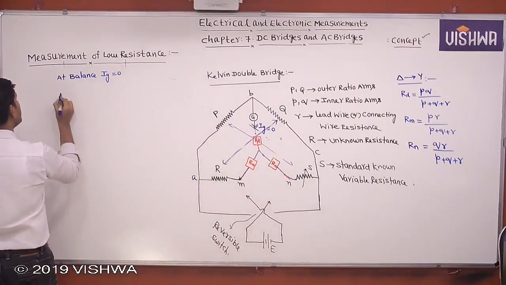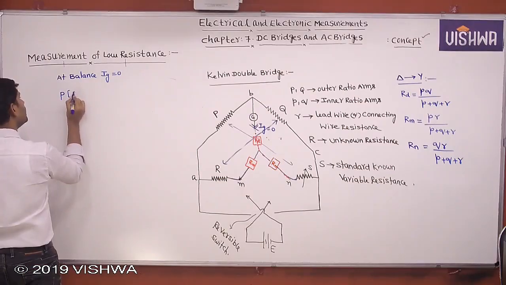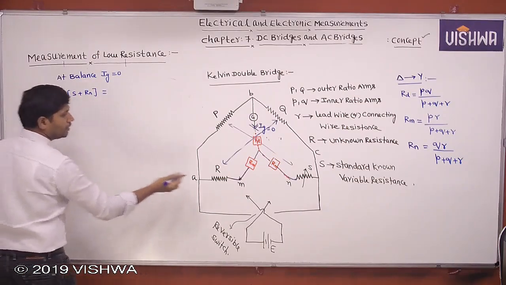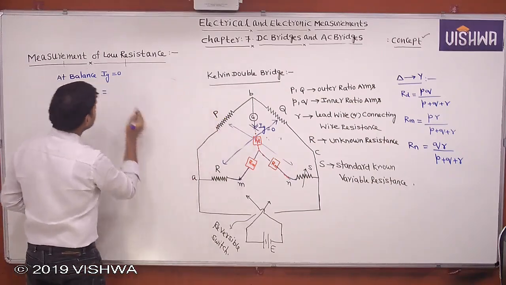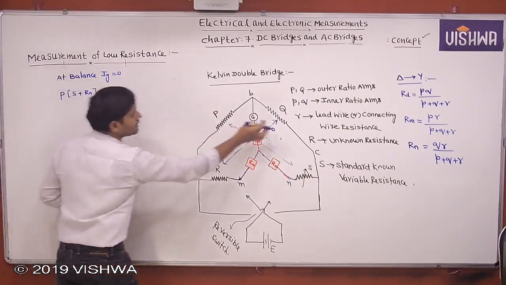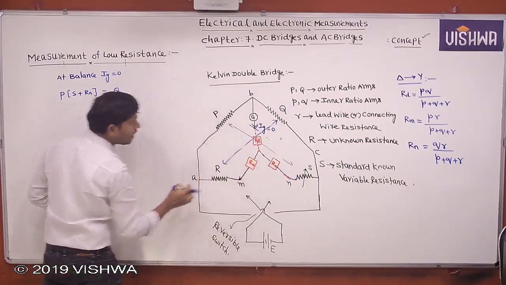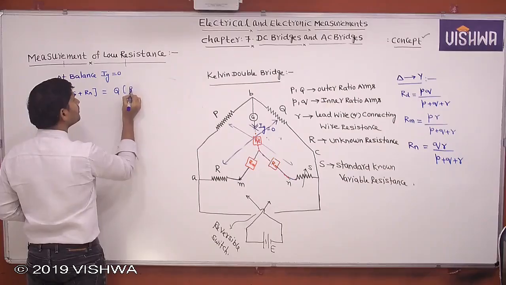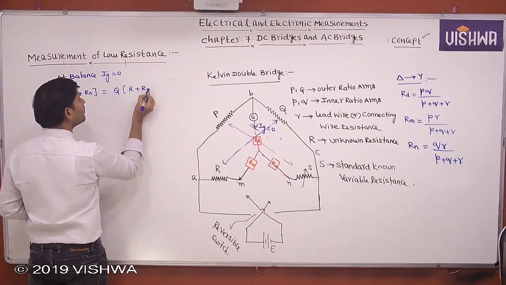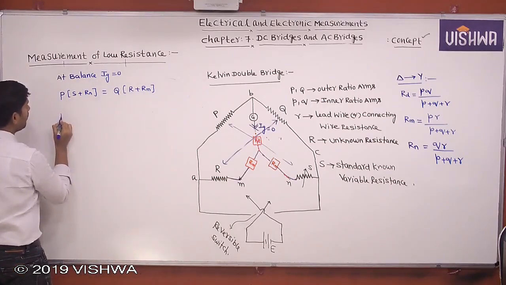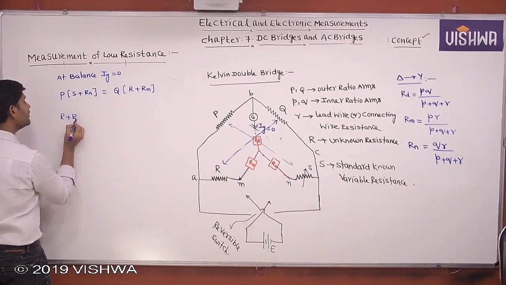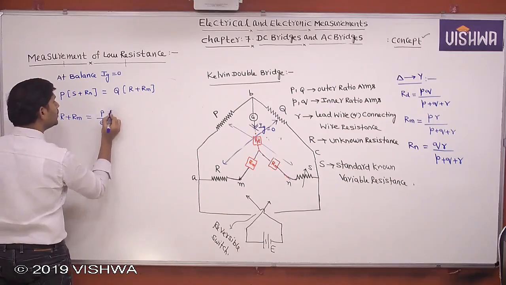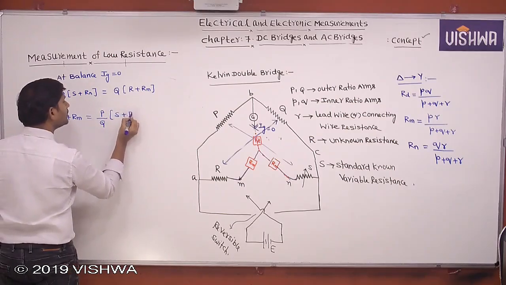That is capital P into S plus Rn is equal to Q into the opposite resistance, Q into R plus Rm. Then from this, what is R plus Rm? You tell me. R plus Rm equals capital P by Q into S plus Rn.